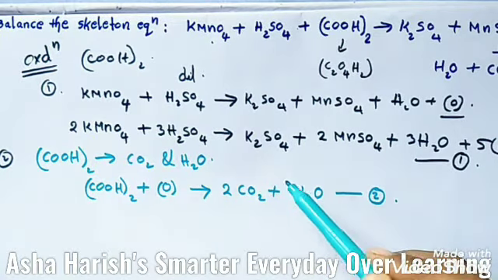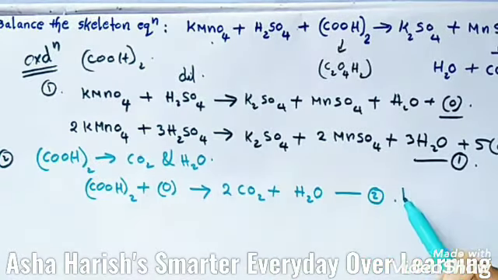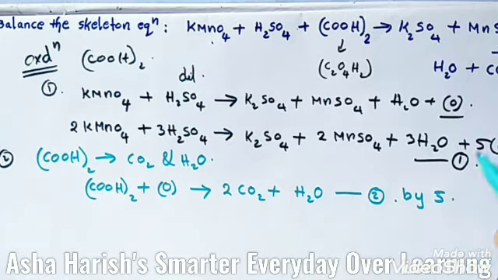To cancel the intermediate product, that is nascent oxygen, multiply this equation 2 by 5 and add it to equation 1.